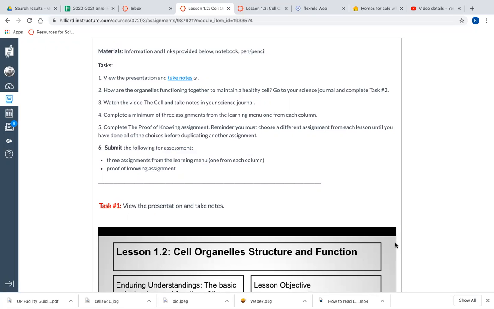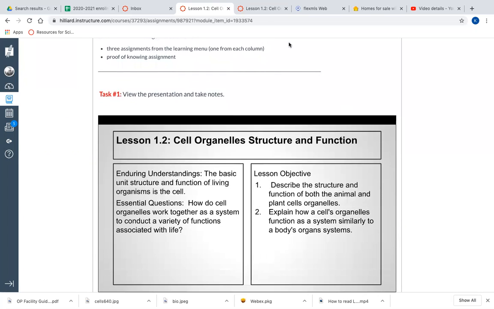Usually the items in the first column are more study guide and vocabulary type lessons, and then columns B and C are more complicated. Then you need to do the proof of knowing assignment. If you have not looked at the proof of knowing and how to do it, look in the announcements, where I have a small video as well. Submit all those things. So here we go.